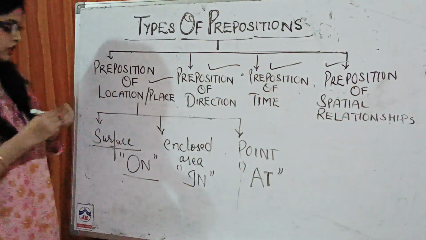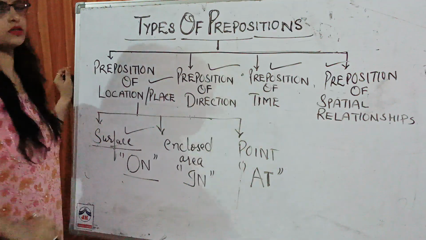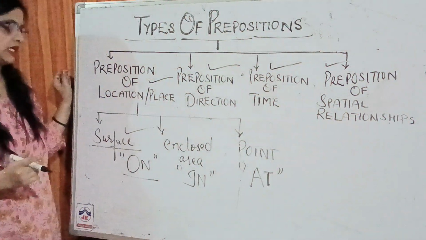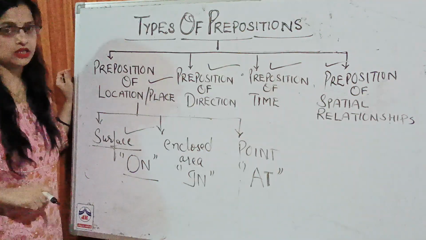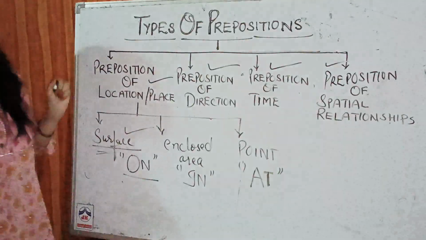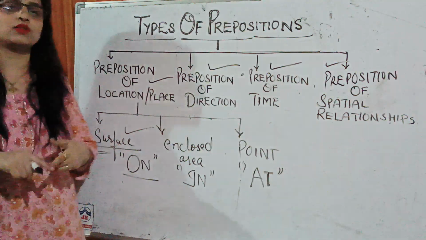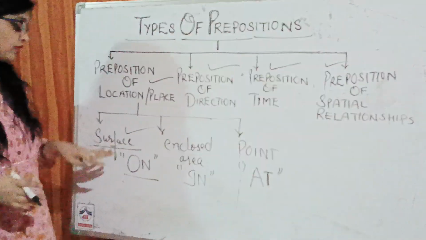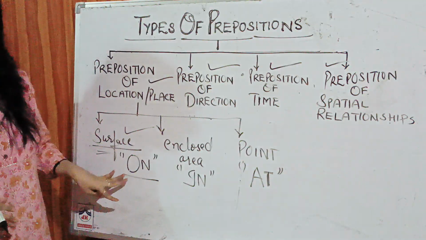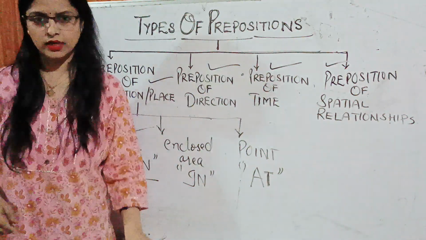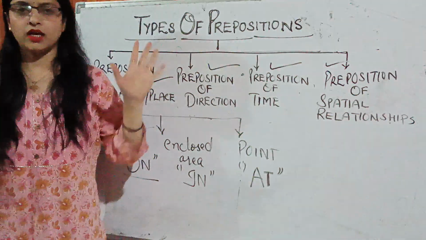So number one, surface. This preposition indicates the location of one thing on the basis of surface. What is the meaning of this? When one thing is in contact with another, with respect to surface, then we have to use this preposition on. It's very simple, no need to worry. Suppose I have two hands.